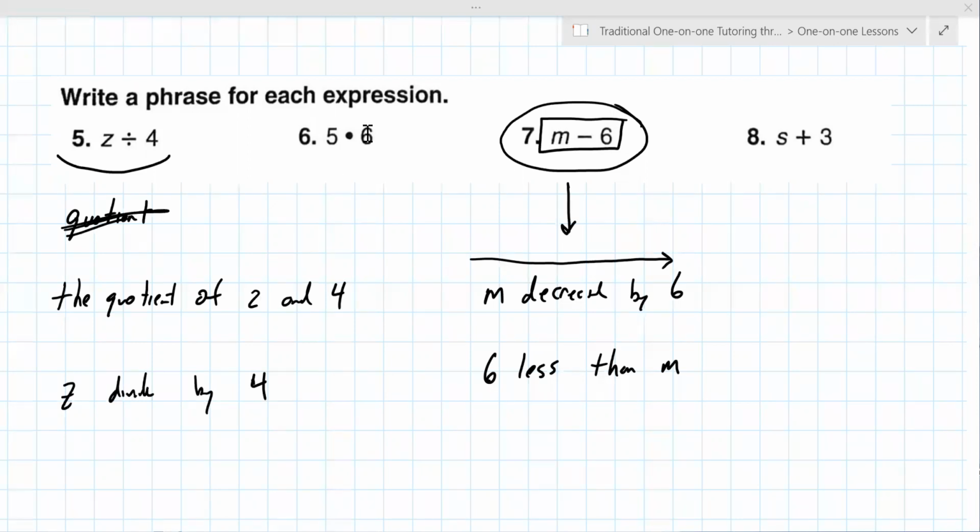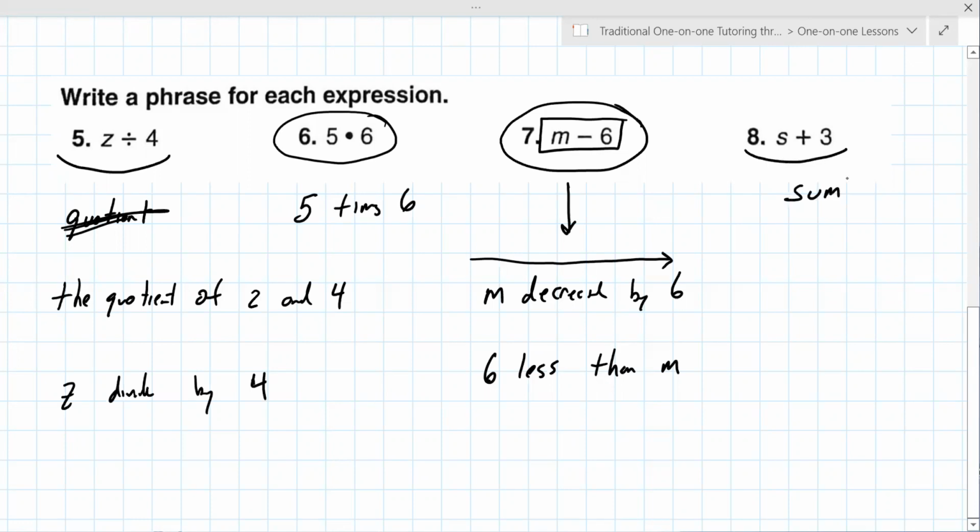Okay, so for number 6, go ahead and write something out for that, please. 5 times 6. Yeah, and so I was gonna have you use, but yeah, that works. All right, for number 8, I want you to use the word sum. The sum of S plus 3, or the sum of S and 3.